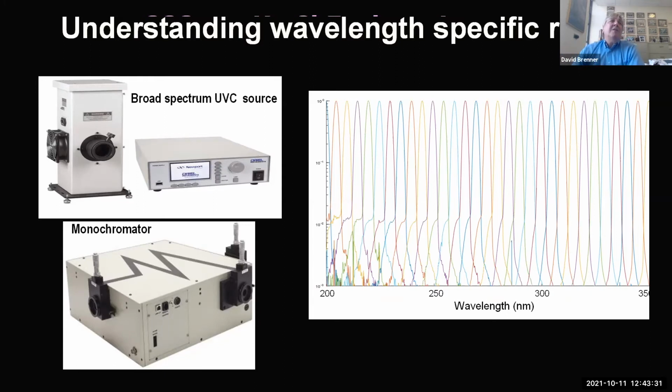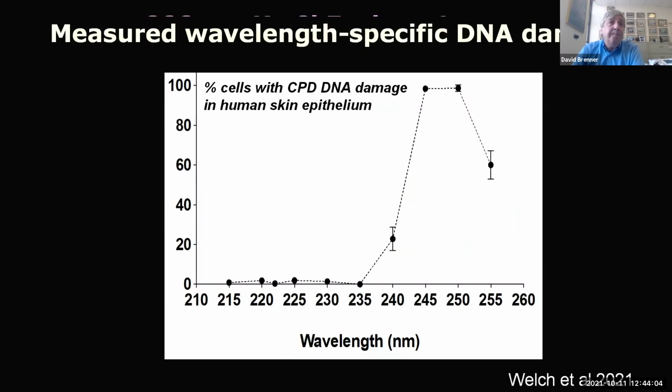So we got ourselves a broad spectrum UV source and a monochromator, which allowed us to produce very narrow wavelength beams of about plus or minus 2 nanometers. So we could then do experiments as a function of wavelength to see just where we needed to cut off to avoid any of these health issues.